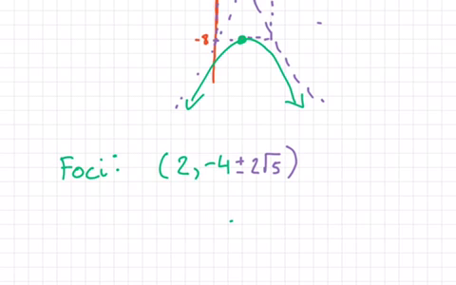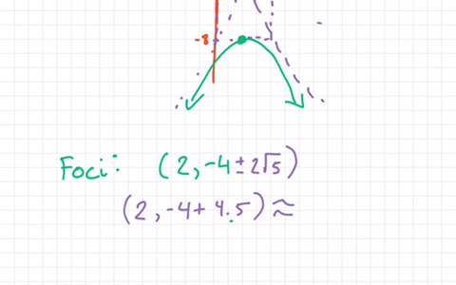Well, let's try to estimate what it is. So let's go back to square root 20, right? Square root 20 is between what two perfect square roots? 16 and 25, right? So 20 is almost in the middle, right? So we have 2, -4 plus, well, square root 16 is 4, so roughly 4.5-ish, right?